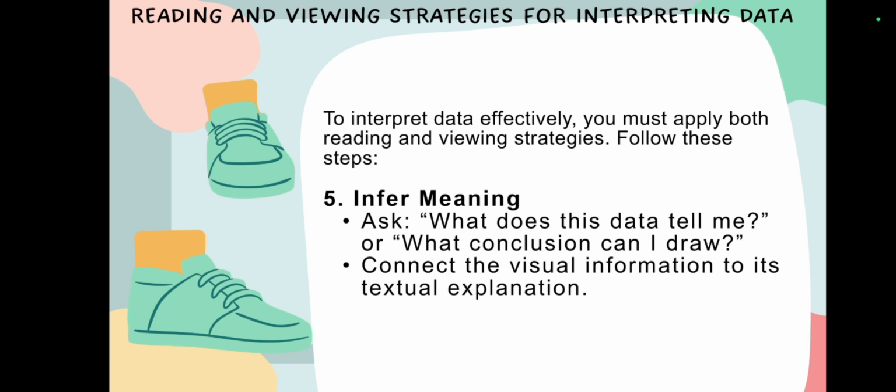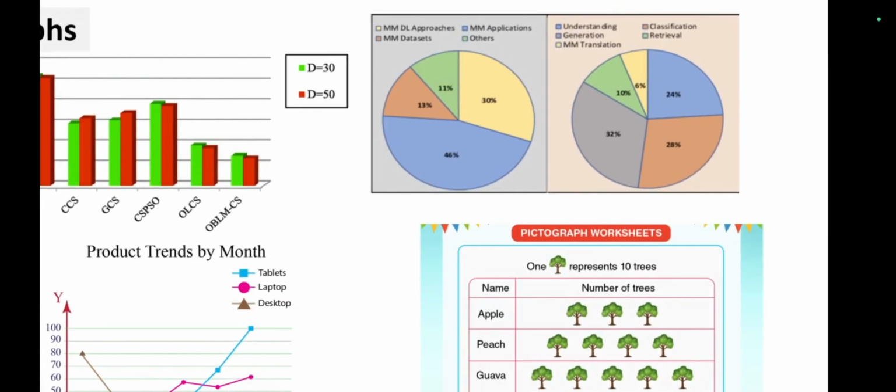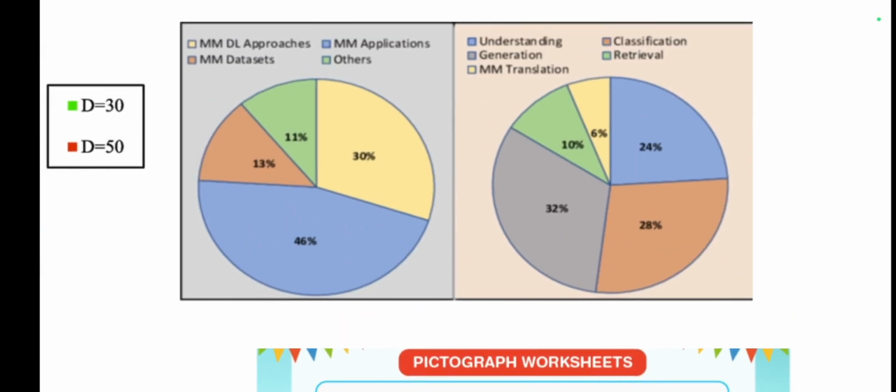And then, after asking yourself those questions, connect the visual information to its textual information. Of course, dapat yung data or yung visual or yung chart na nilagay mo is same rin sila sa explanation or interpretation na ilalagay mo sa baba ng visual. For example, dito, 46%.